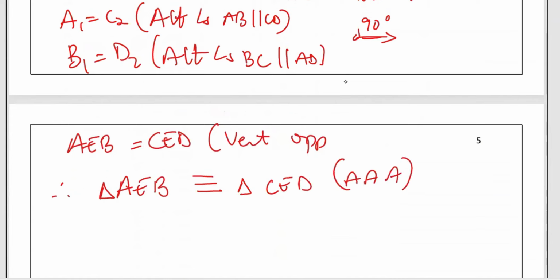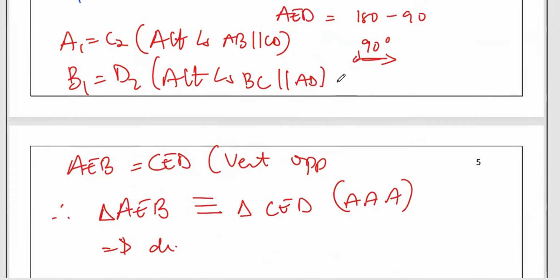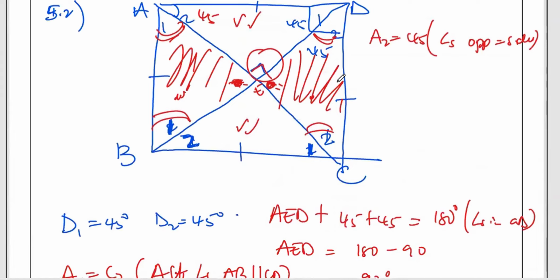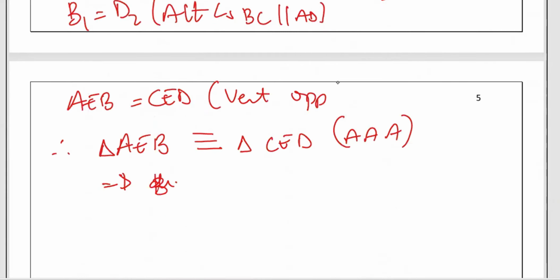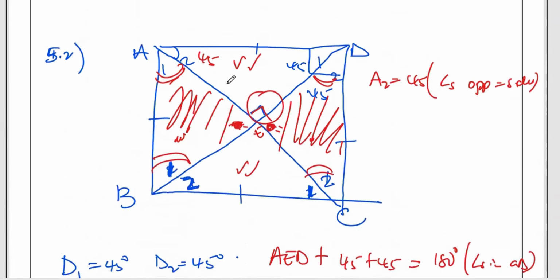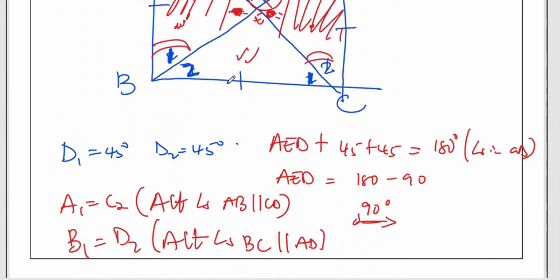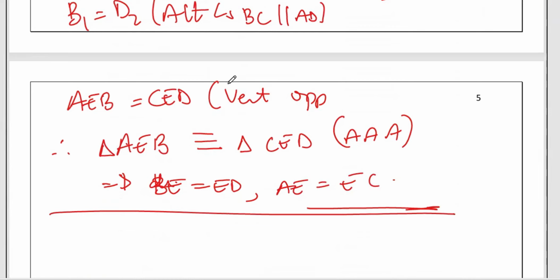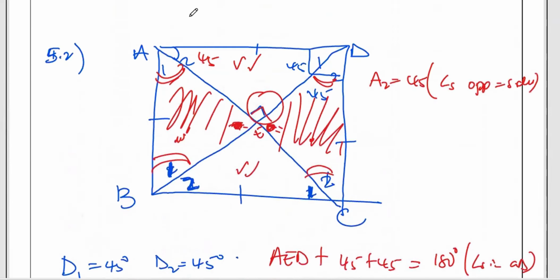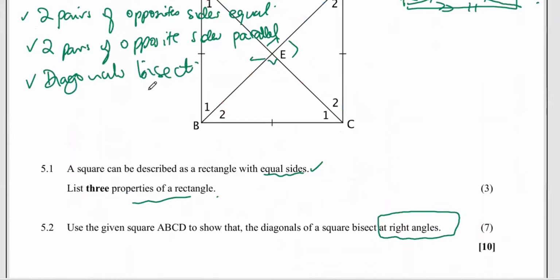And this implies that the diagonals do bisect, meaning that BE is the same as ED, and AE is the same as EC. So that is what we had to do for that particular question to get the 7 marks.